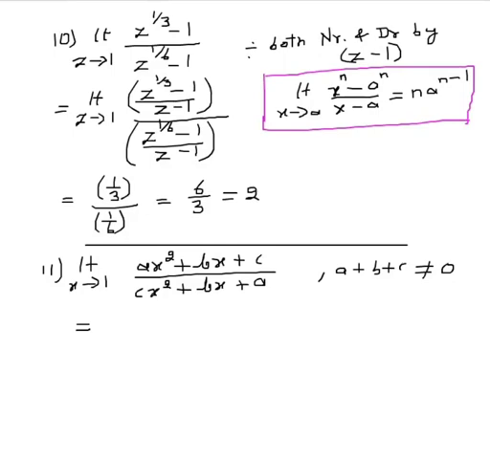If you substitute the limit value, the denominator doesn't become 0. So directly we will substitute a plus b plus c divided by c plus b plus a, which is 1. The denominator should not become 0, that's why this condition is given.